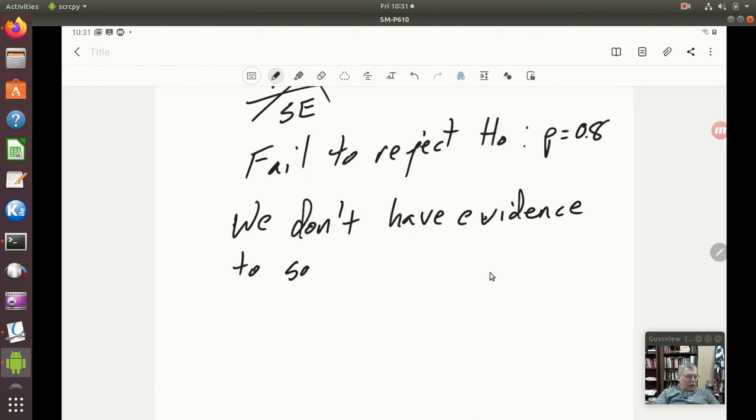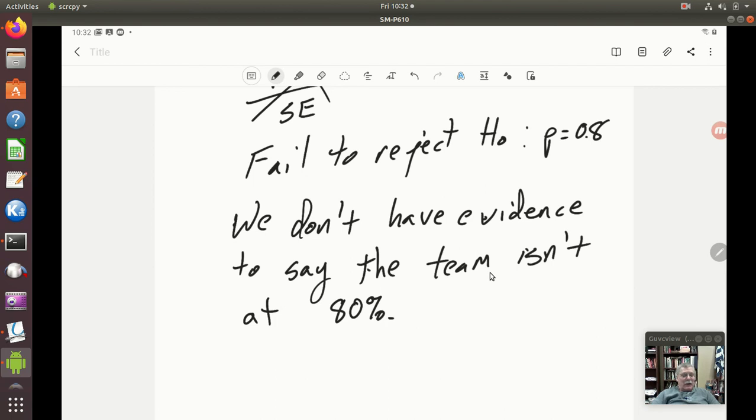to say the team isn't at 80%. Now they might not be. With the little bit of evidence we have, we kind of went, well, no, they're below. They aren't doing as well as we'd like.